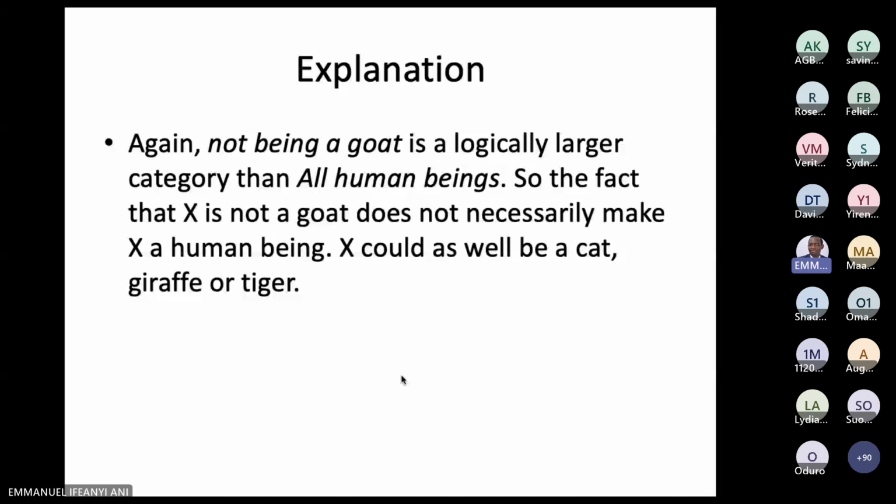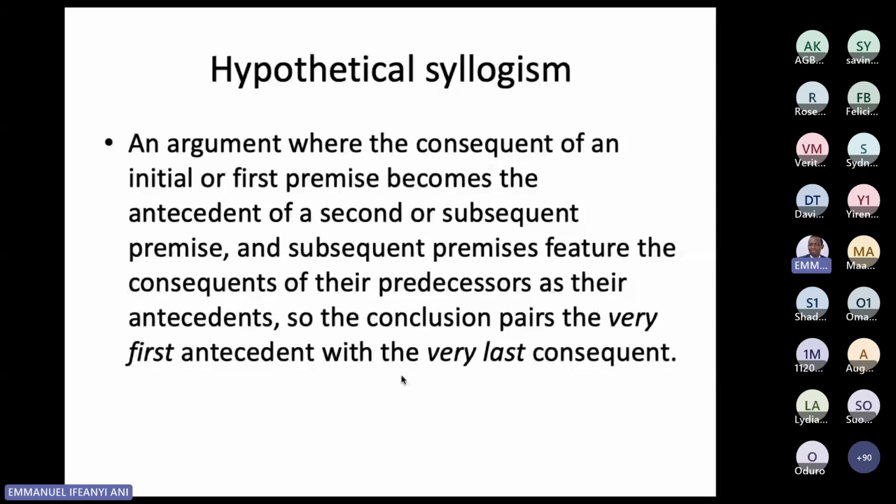So that's the end of affirming the antecedent, denying the antecedent, affirming the consequent, and denying the consequent. We saw that affirming the antecedent is modus ponens, denying the antecedent is a fallacy, affirming the consequent is a fallacy, and denying the consequent is modus tollens.